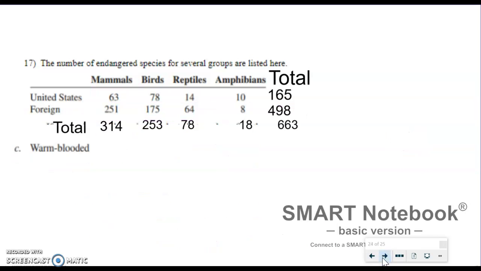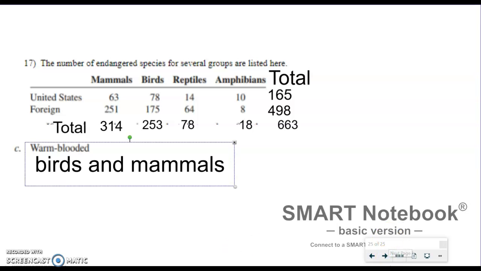Okay. All right. So in this case, what is the probability that they are warm-blooded? All right. So I got to think about what is a warm-blooded creature? And those are birds and mammals. So what is the probability that they are birds or mammals? Those are all the ones that fall into that category. So we're looking at both of these right here. So we're taking 314, and I should have written down "or" there. But these are mutually exclusive because I can't have an animal that's a mammal and a bird at exactly the same time.